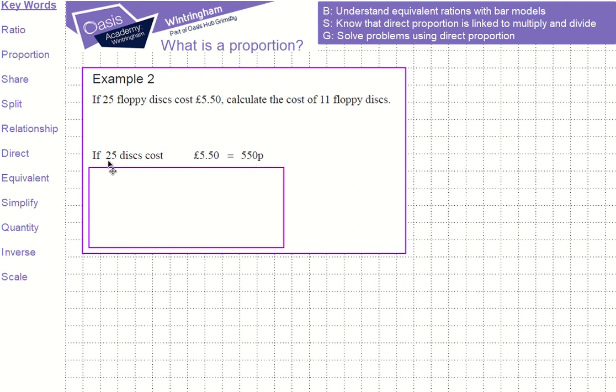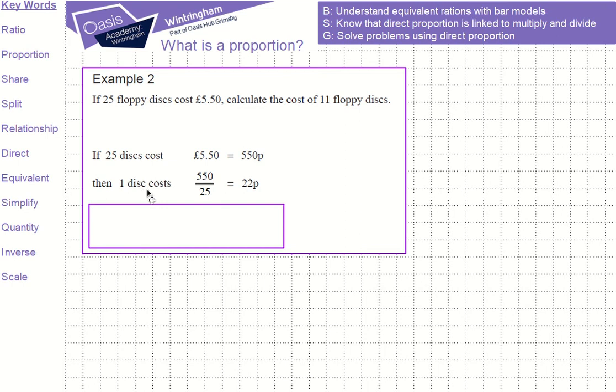25 divided by 25 is 1, and I'm also going to divide 550 by 25. Again, 25 divided by 25 is 1, 550 divided by 25 is 22.